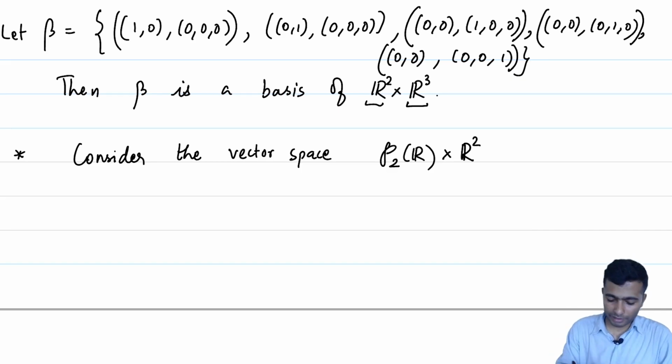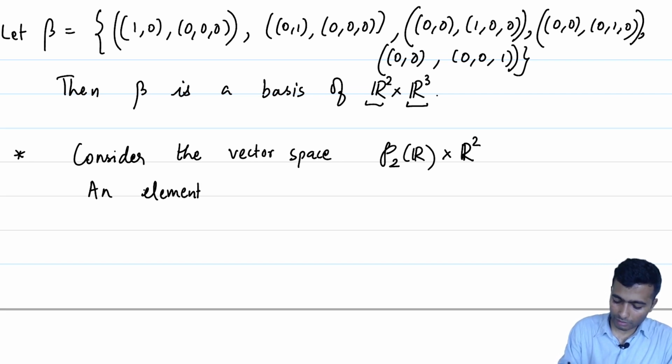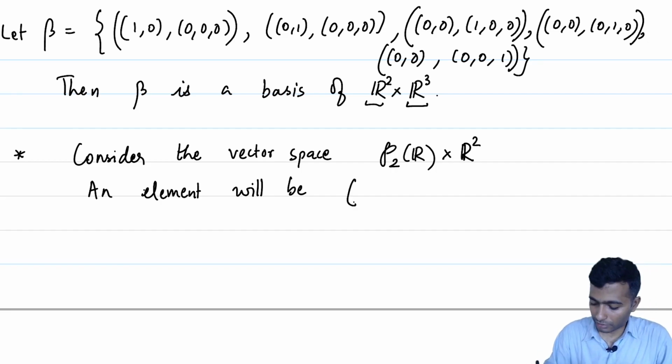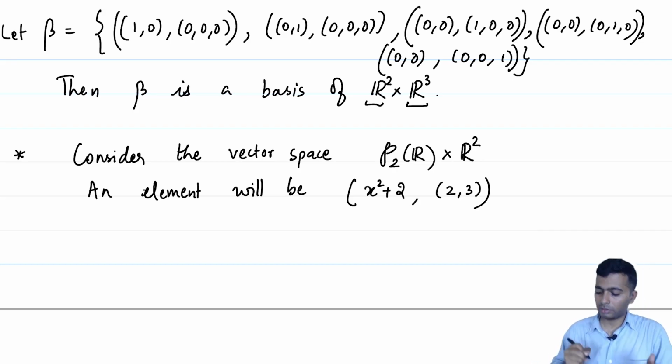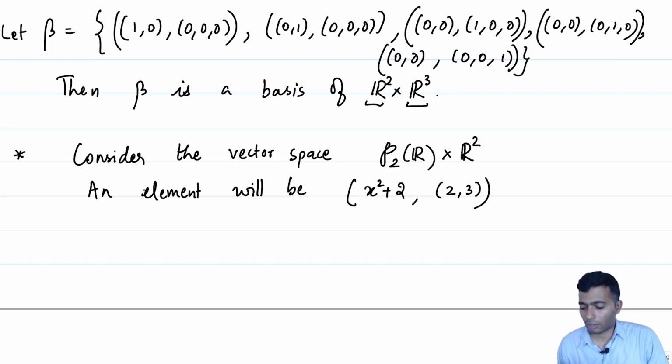So, what will be a typical element? An element will be a tuple of this type, maybe x square plus 2 and (2, 3). This is how a typical element in P2 of R cross R2 will look like.